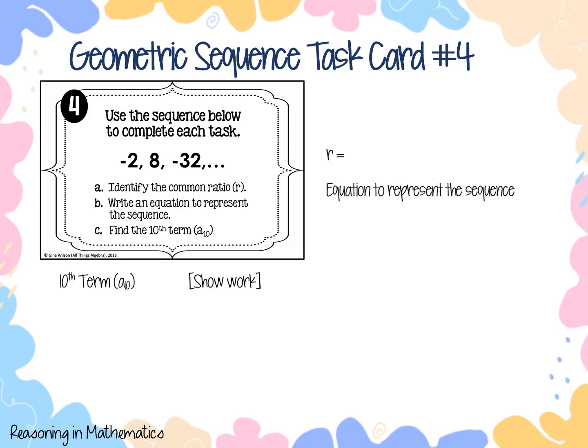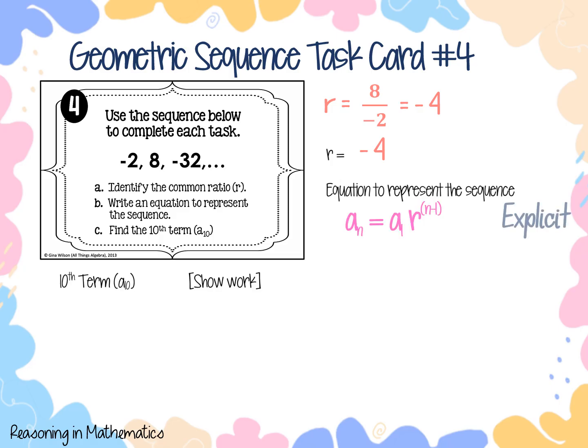Task card number 4. Use the sequence below to complete each task. Sequence is -2, 8, -32. We need to find our common ratio. 8 divided by -2 is -4. r is -4.